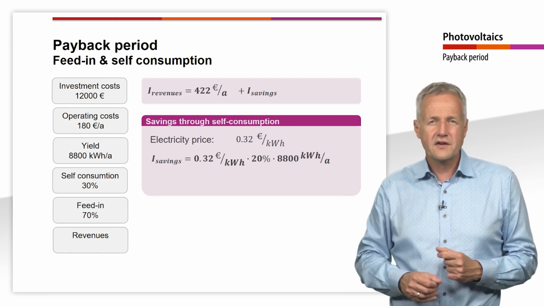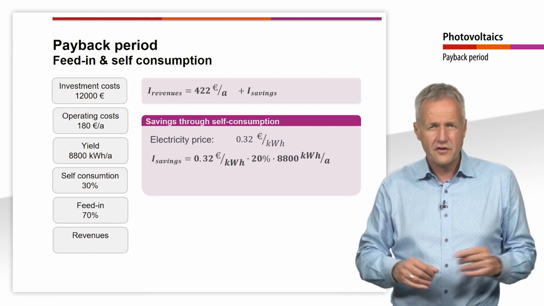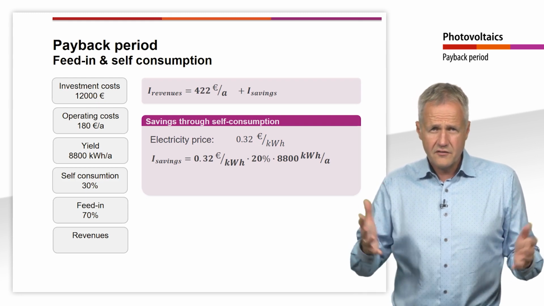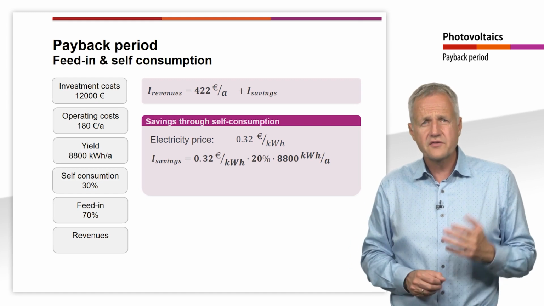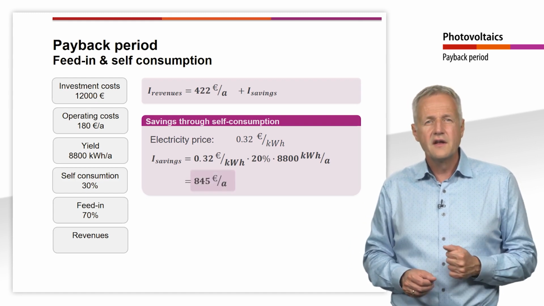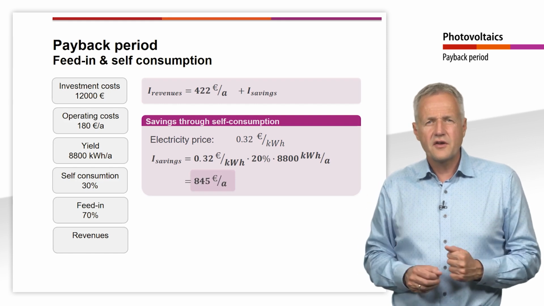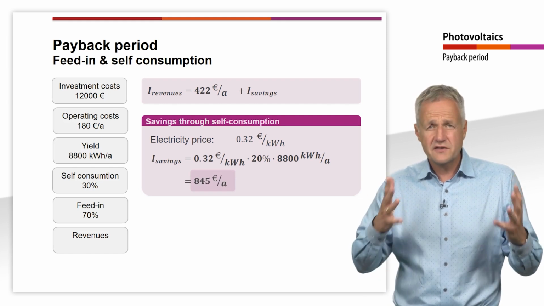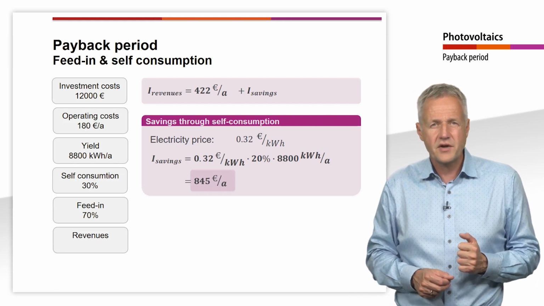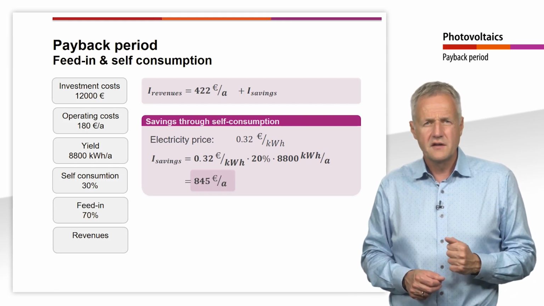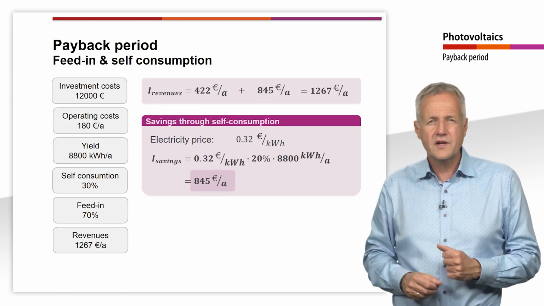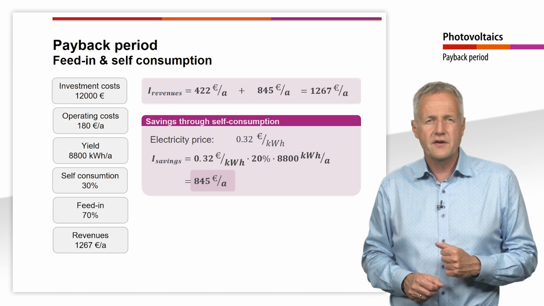We therefore apply the current German electricity price of 32 euro cent per kilowatt hour. For the savings from self-consumption, this results in a benefit of 845 euro per year. The self-consumption of 30% of the generated electricity alone provides more benefit than can be achieved by the feed-in payments with full feed-in. In total, the benefits of this plant concept amount to 1,267 euro per year.